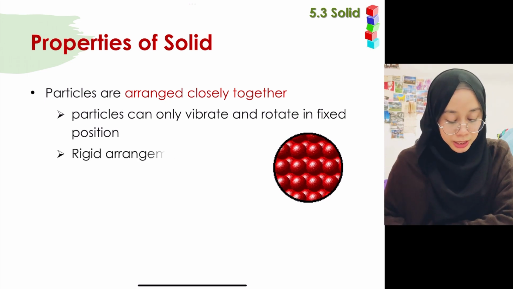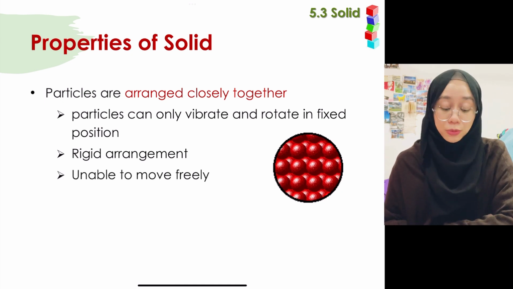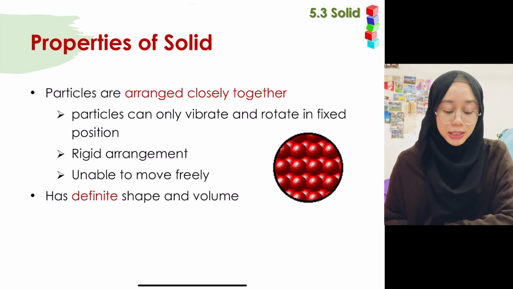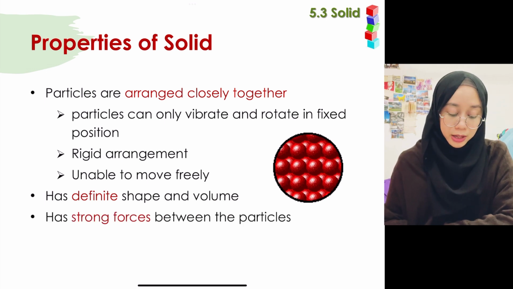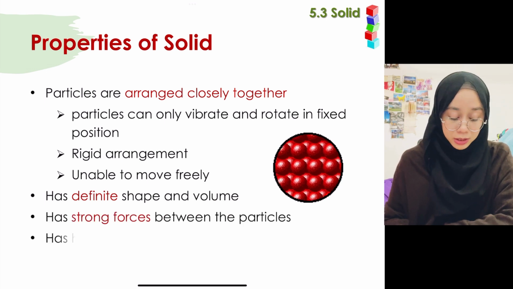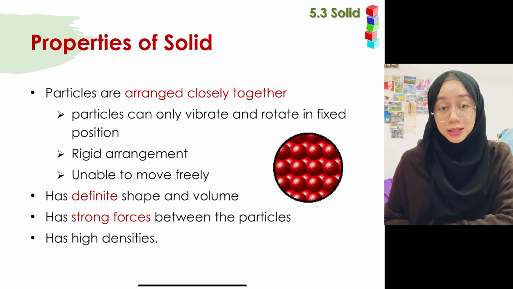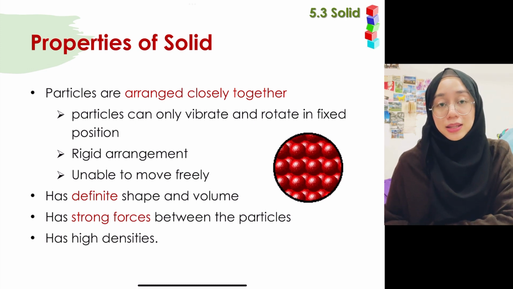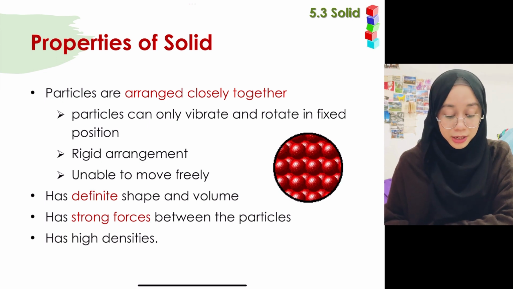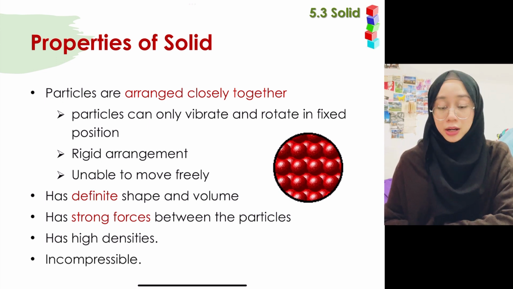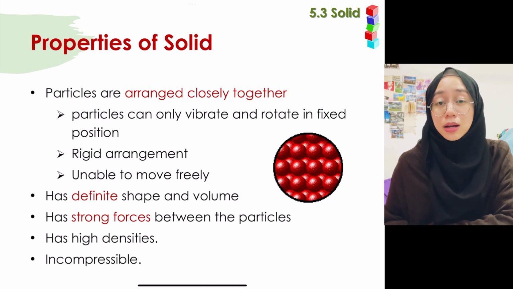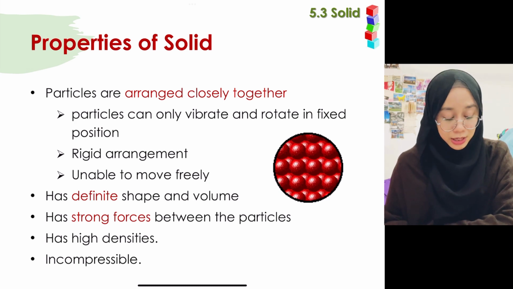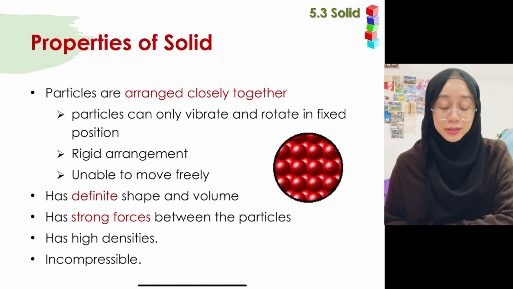They have a rigid arrangement, so they are unable to move freely. Then it has a definite shape and also a volume, and it has strong forces between the particles. It has high density, since the mass is higher in comparison to the volume of the particle. Since there is less space between the particles, it is incompressible.